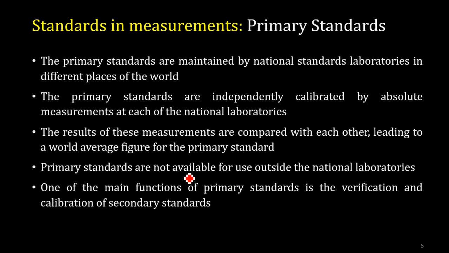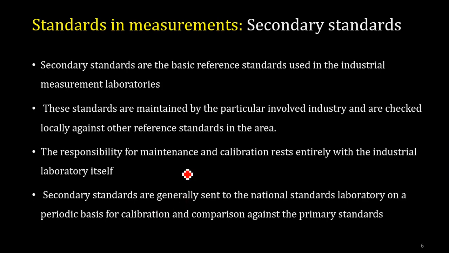The main purpose of the primary standard is to verify and calibrate secondary standards, which are the basic reference standards used in industrial measurement laboratories. So you have an industrial measurement laboratory, and they will be using some standard to calibrate their measurements or readings. This particular industry will be responsible for the accuracy of the standard, the calibration of the standard, as well as the maintenance of this particular standard.